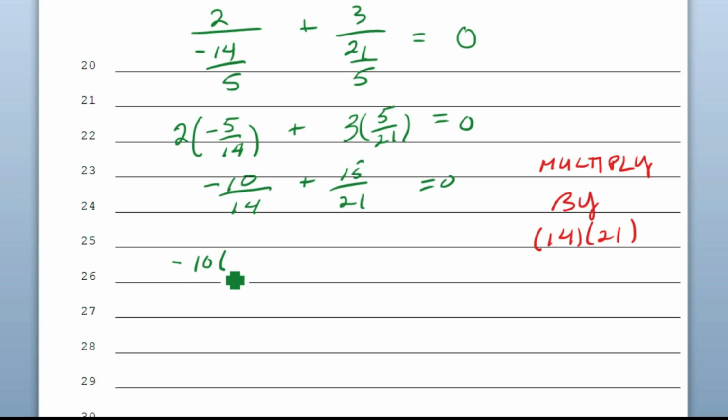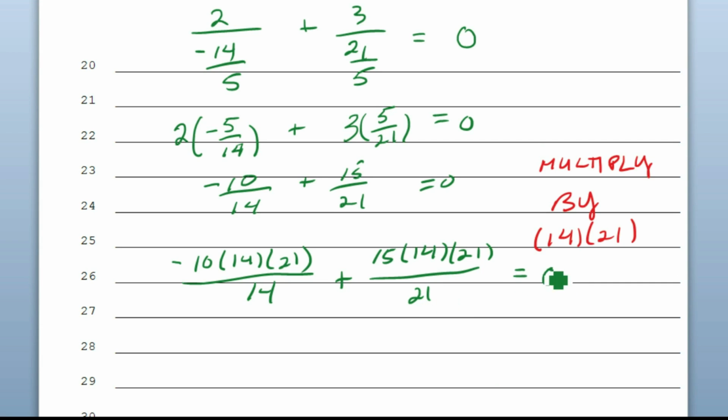So minus 10 times 14 times 21 over 14 plus 15 times 14 times 21 over 21 equals 0. 21's cancel in that term, 14's cancel in this term.